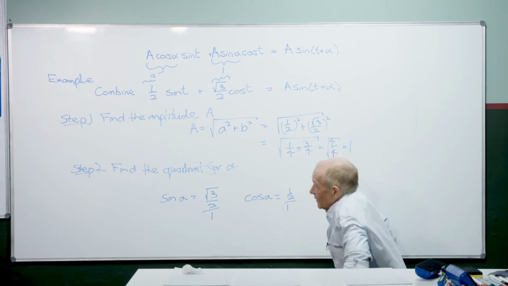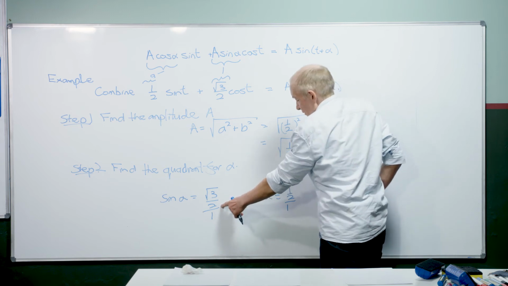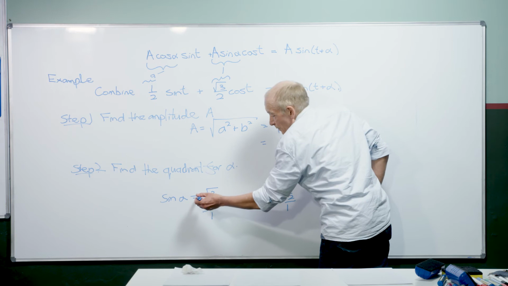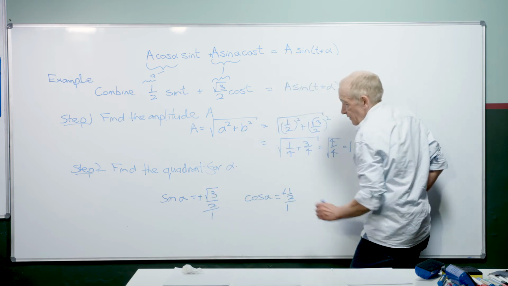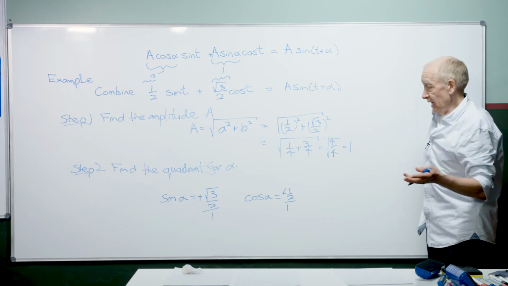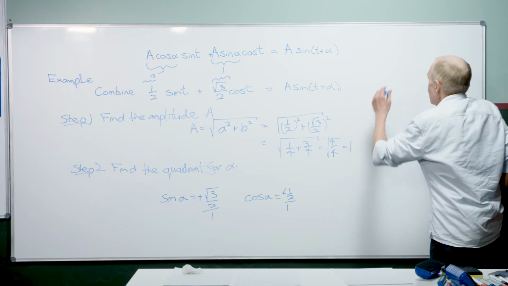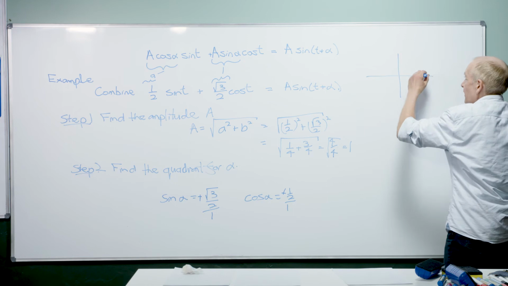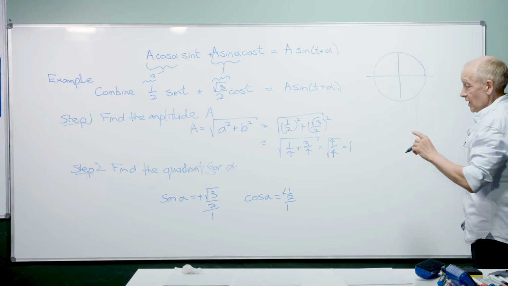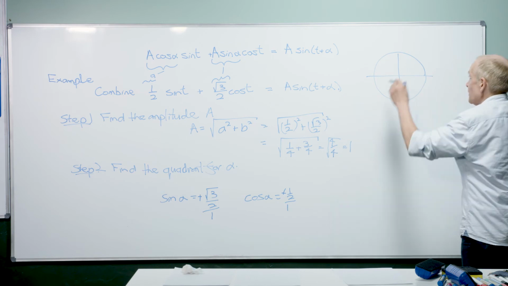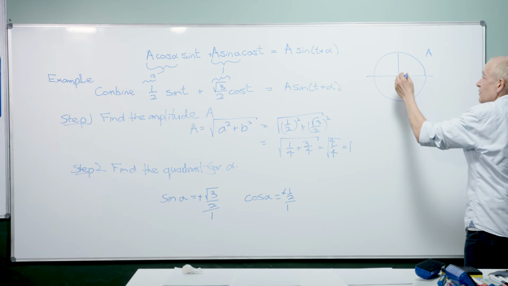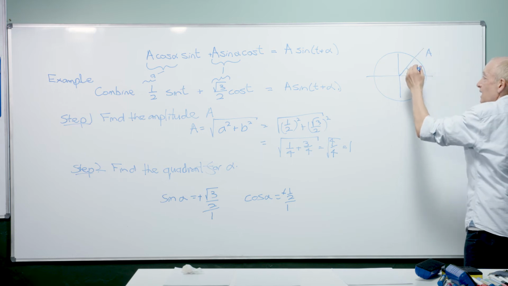So in this case here, we've got that sine of alpha is root 3 on 2, cos of alpha is a half, and we note that both of these are positive. So we use the sign of sine and cos to decide what quadrant alpha is going to be in. In this case, both sine and cos are positive, and we know that all are positive in the first quadrant, so alpha is somewhere here.